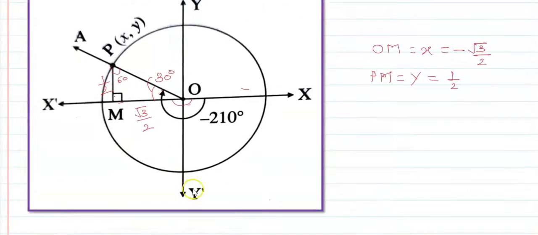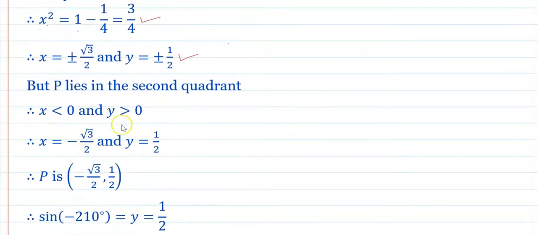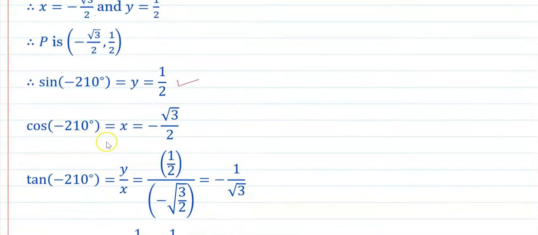Now the point lies in the second quadrant. In the second quadrant, x is negative, y is positive. Therefore, x equals minus root 3 by 2 and y equals 1 upon 2. And therefore, sin of minus 210 equals y, which is 1 upon 2. Cos of minus 210 equals x, minus root 3 by 2. Tan of minus 210 equals y upon x, which is 1 by 2 upon minus root 3 by 2.